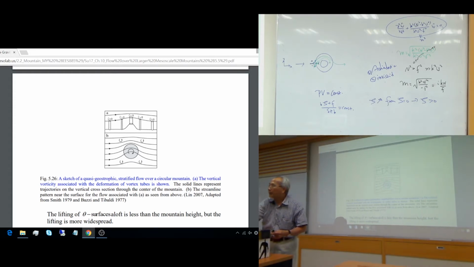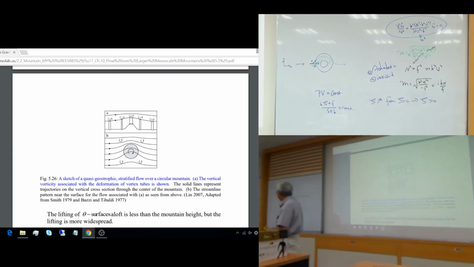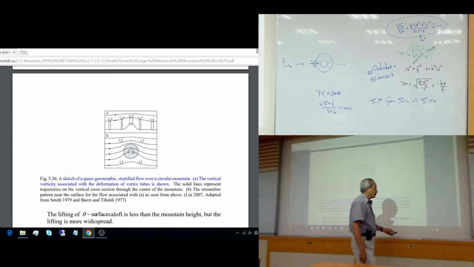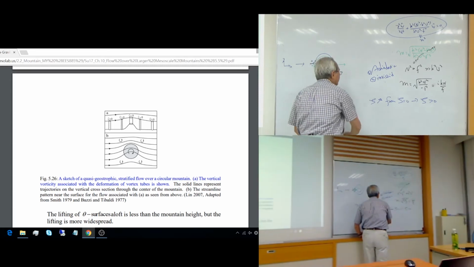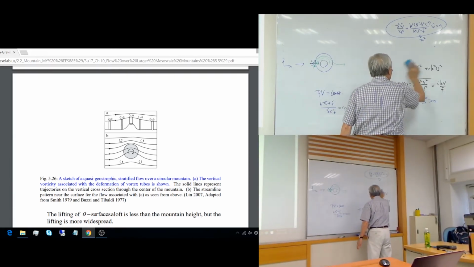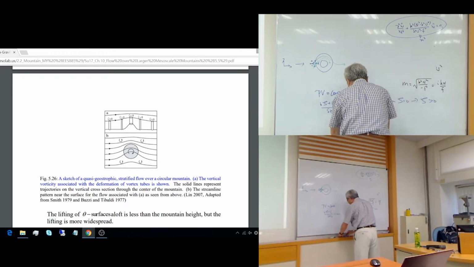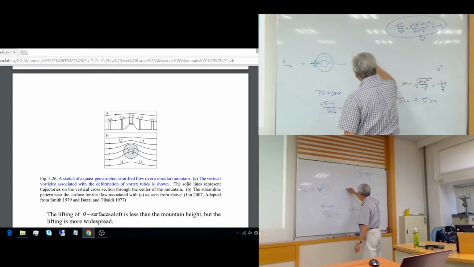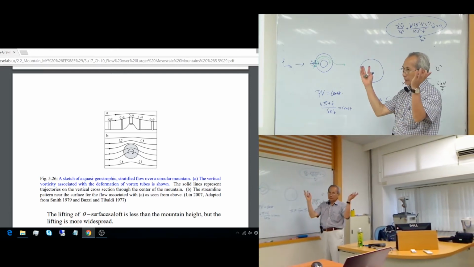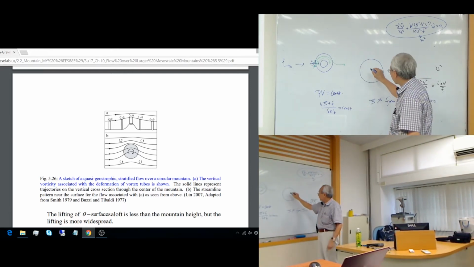And why colder becomes anticyclonic is like this. Say you have one area, say even no mountain. So this area is kind of cold.